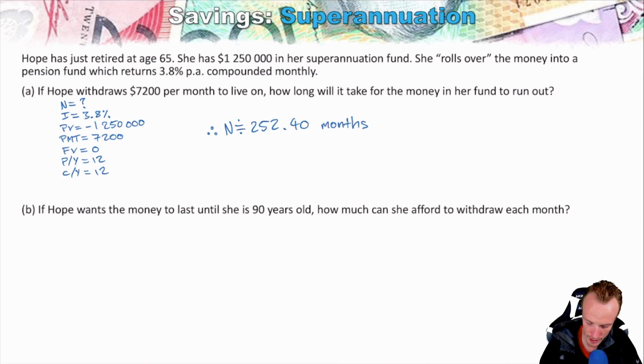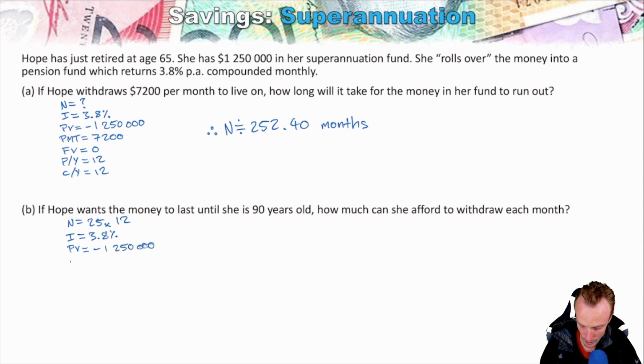So what this changes now is we know what N needs to be. It's going to be the difference from 65 to 90, which in this case is 25 years. But of course, this is compounding periods. We're assuming this is the same account, so it's compounding monthly. The interest rate is the same account, so it's 3.8%. The present value, once again same account, so negative 1,250,000.